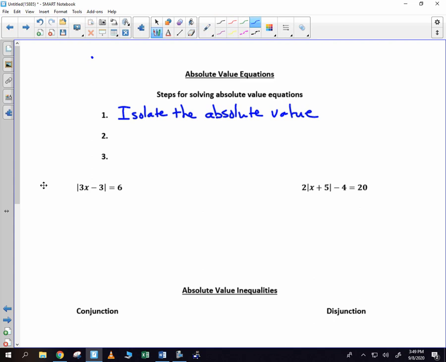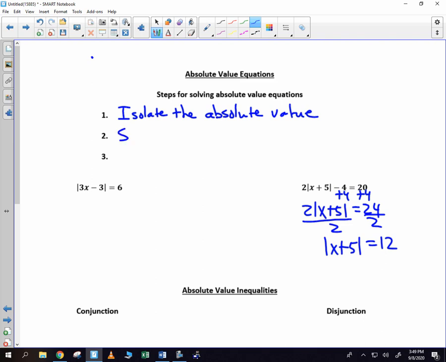In the next one, if we add 4 to both sides, we get 2 times the absolute value of x plus 5 is equal to 24. If we divide by 2, we get the absolute value of x plus 5 is equal to 12. So now that absolute value is isolated, you have just an absolute value on one side.